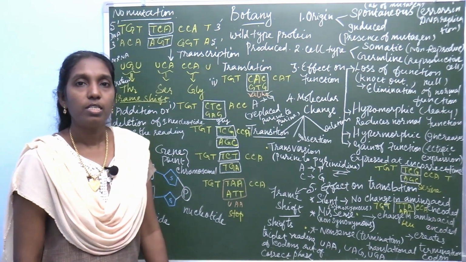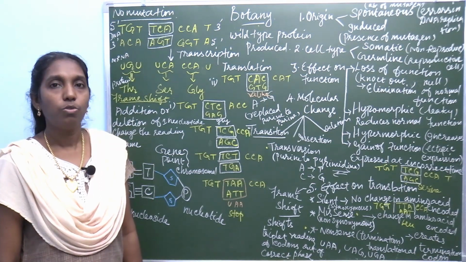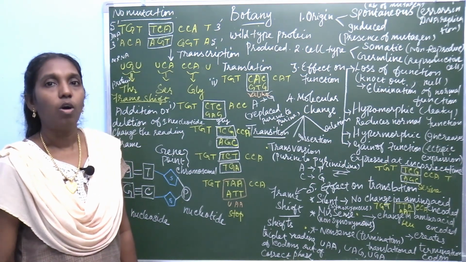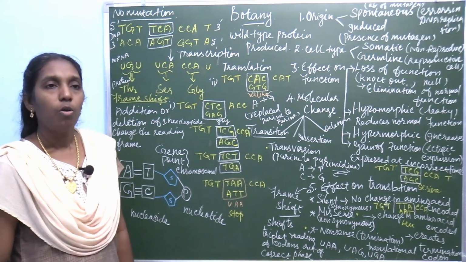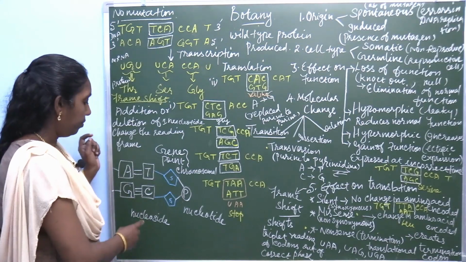So mutation types are broadly classified into 2 different types. What are they? Point mutation or gene mutation, and chromosomal mutation.